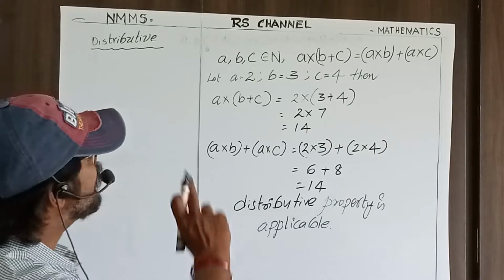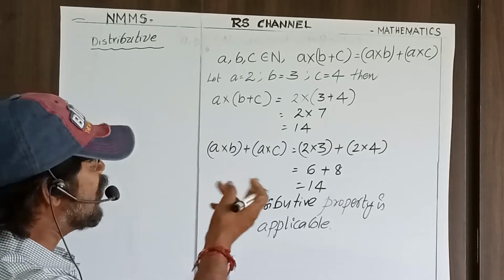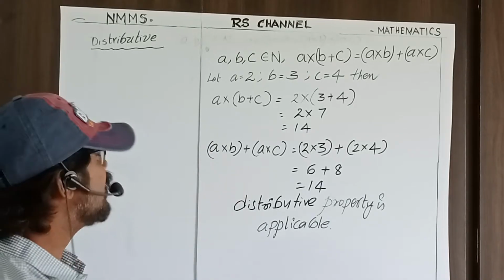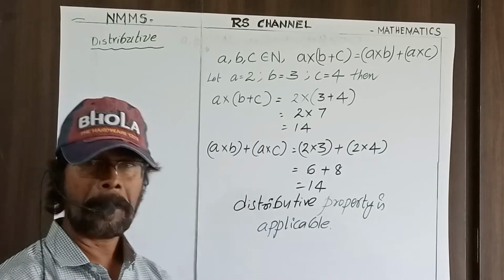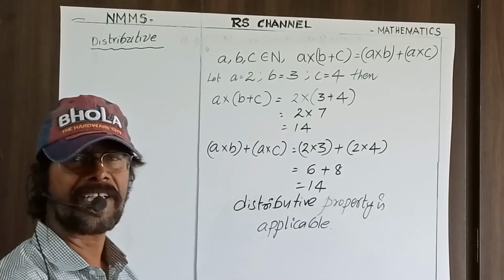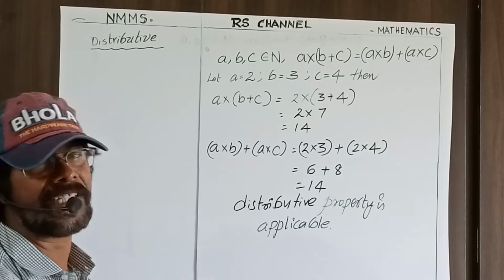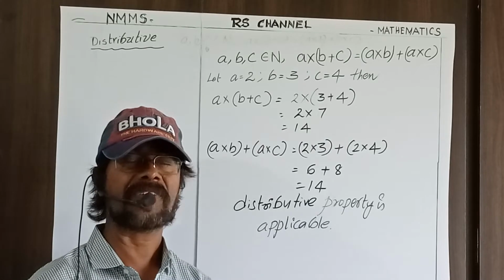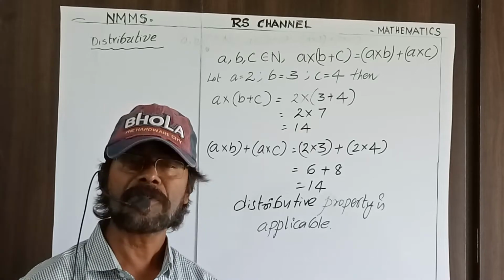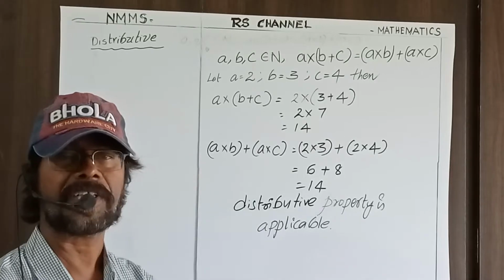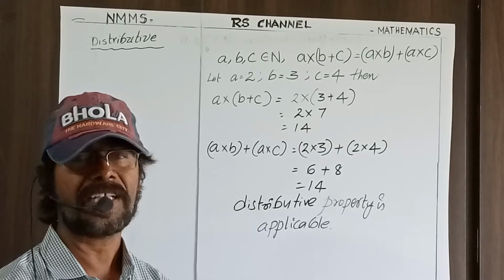So A into (B plus C) is equal to 14 and A into B plus A into C is equal to 14. So both are having the same answer. That's why distributive property is applicable in natural numbers. We can say like that.